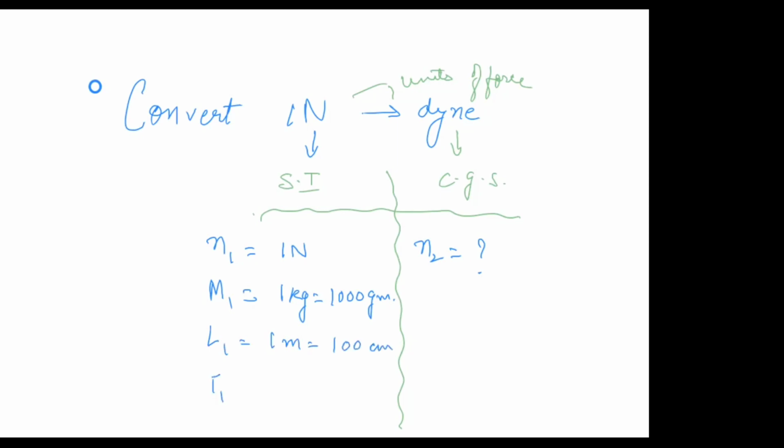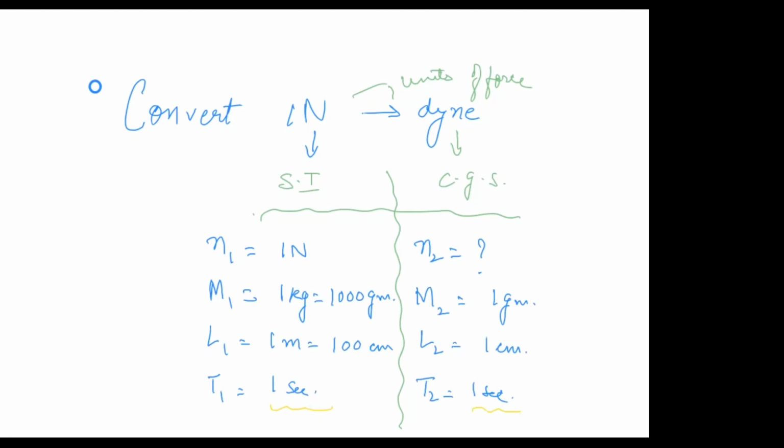And T1 will be of course 1 second. Here M2 will be equal to 1 gram, L2 will be equal to 1 centimeter and T2 will be equal to 1 second. We can see that in both SI and CGS, the unit of time is second.